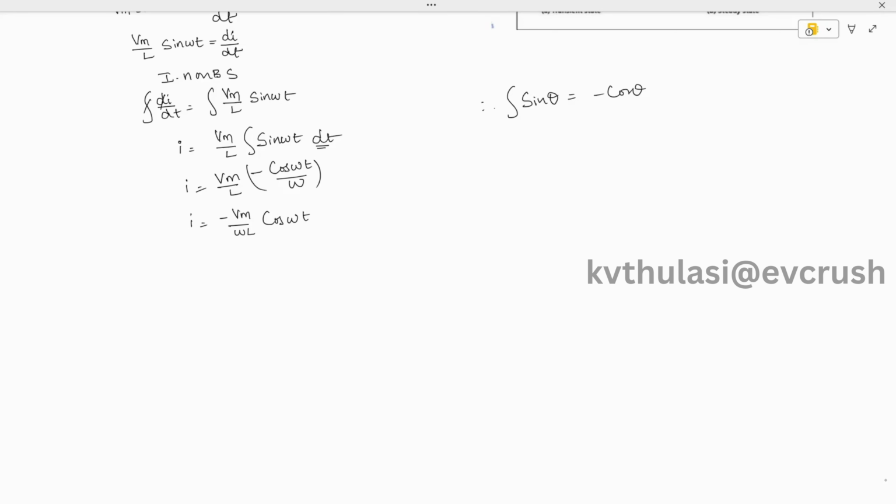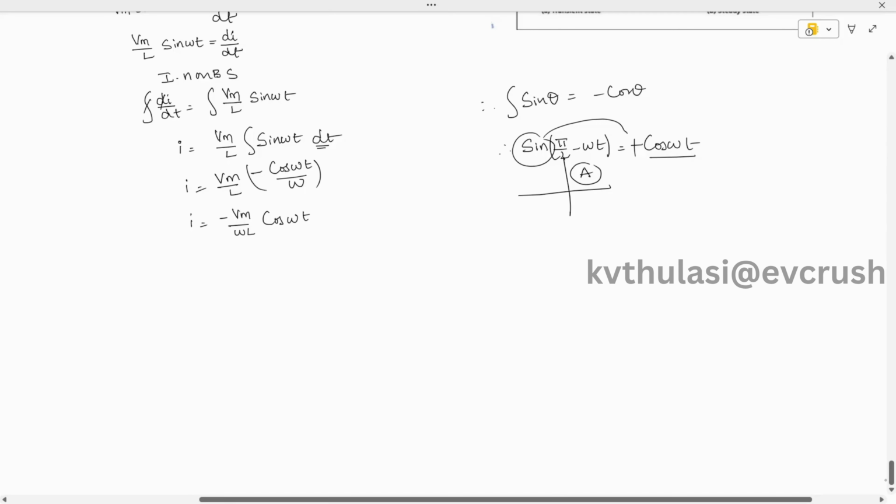This is in cos, but I require it in sine. Sine of pi by 2 minus omega t is cos omega t, because sine 90 is cos omega t, and we are in the first quadrant, where sine is positive, so the answer is plus. From the basics of trigonometry, I can write cos omega t as sine of pi by 2 minus omega t.